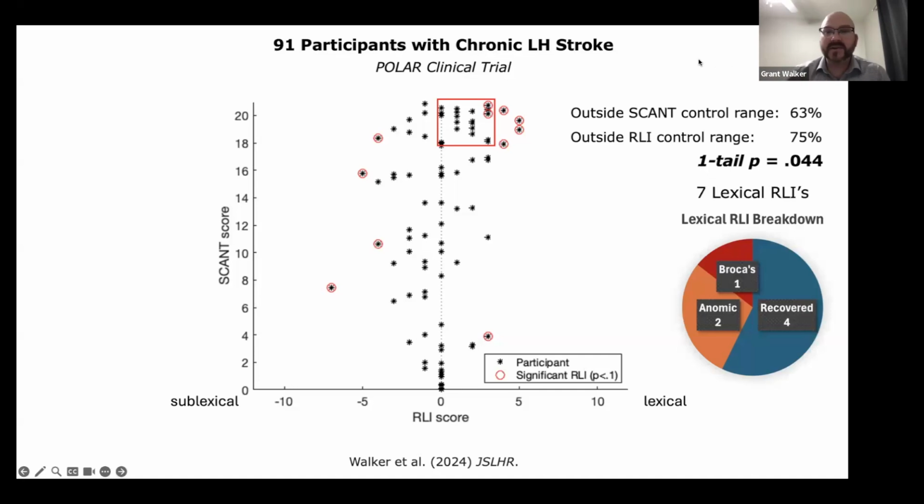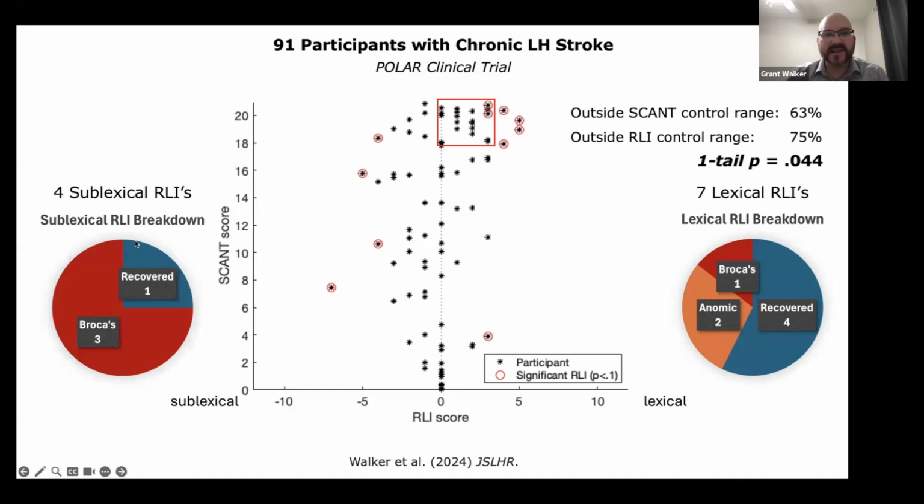And then we look at who we had: 7 lexical relative linguistic impairments. These folks over here, and most of them were recovered or anomic, so fairly mild. We did have one Broca's aphasia patient who was pretty severe. And then for sublexical, we're seeing mostly Broca's aphasia.